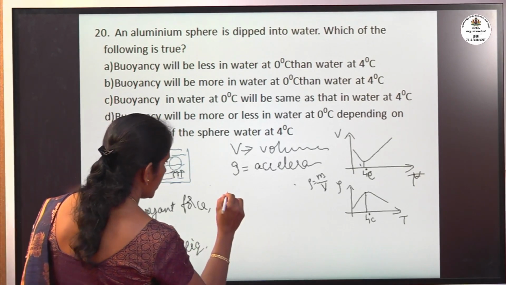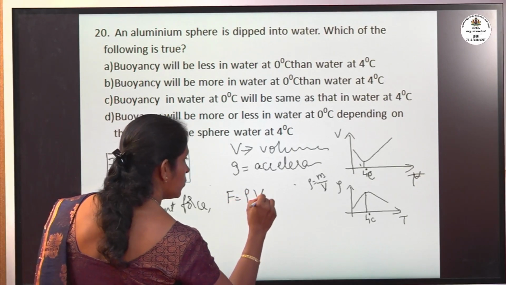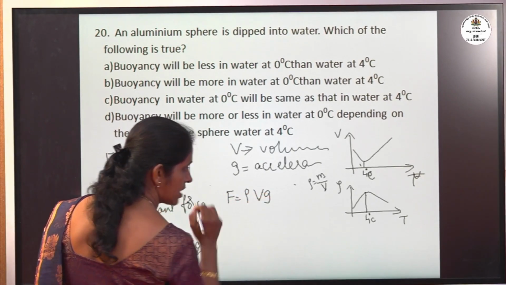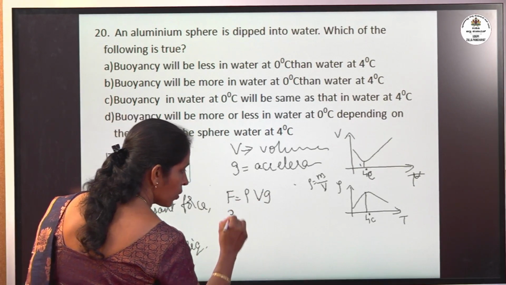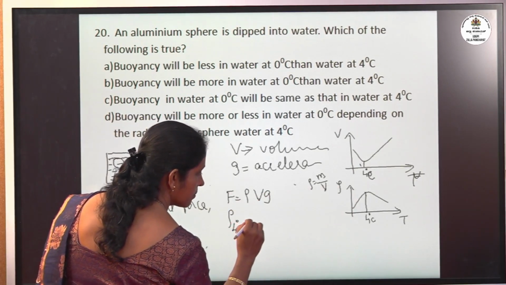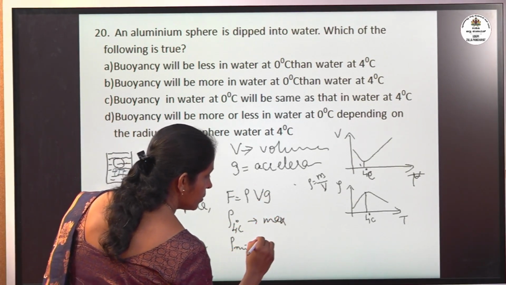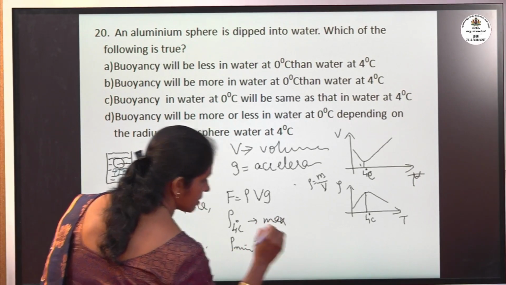the buoyant force differs. V and g remain the same, rho is maximum at 4 degree Celsius and rho is minimum at 0 degree Celsius.